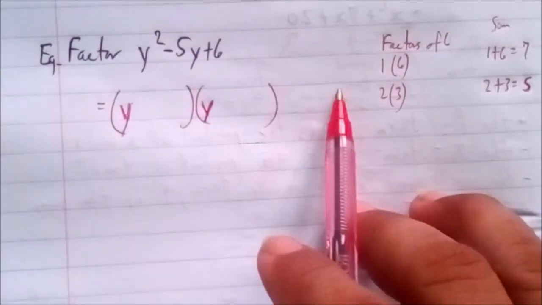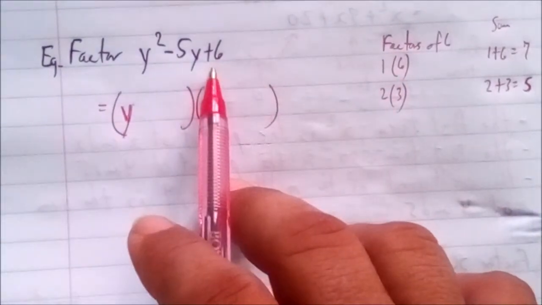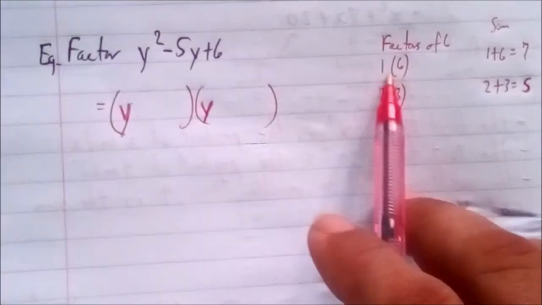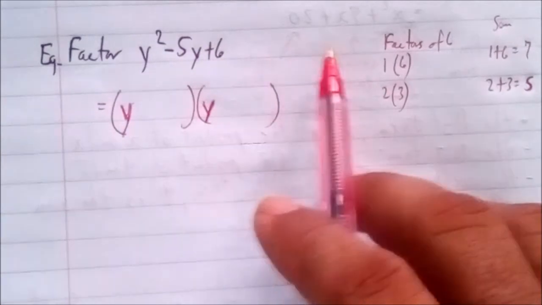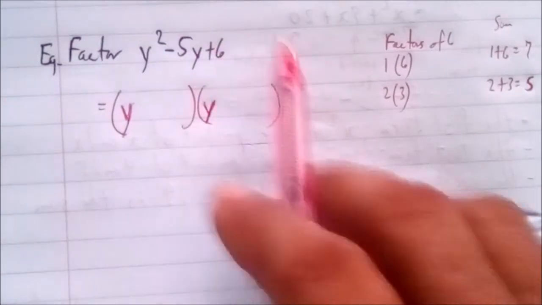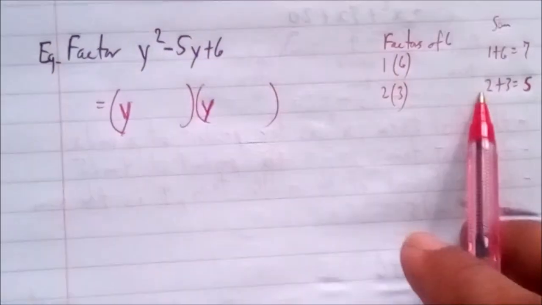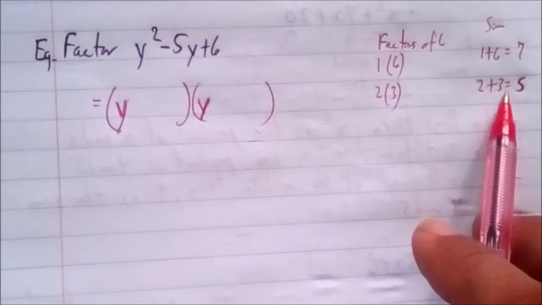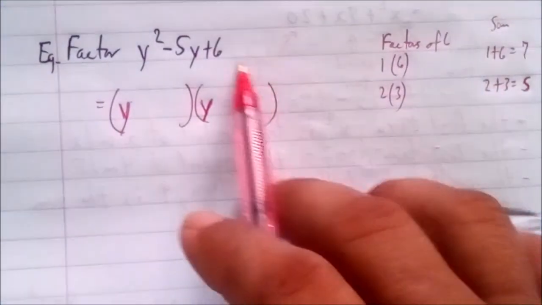But a 1 times a negative 6 will not give us a positive 6. Why? Because a negative times a positive will give us a negative. So therefore, I need that combination that when I multiply those two selected numbers, I get back a positive value. So if I say 2 plus 3, that gives me 5. And if I say 2 times 3, I end up with 6.